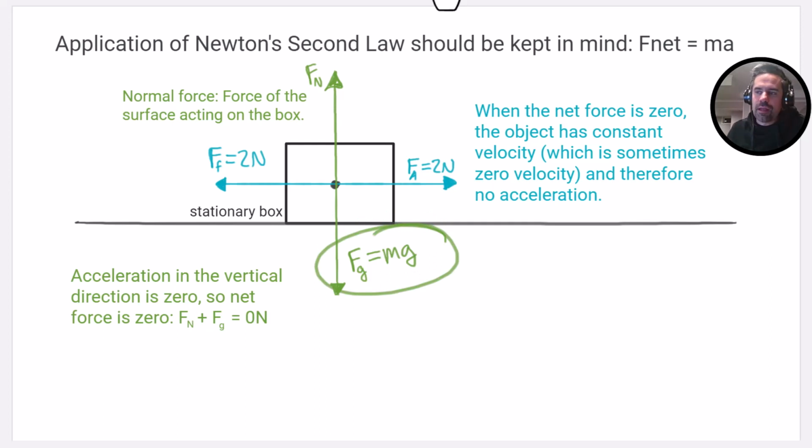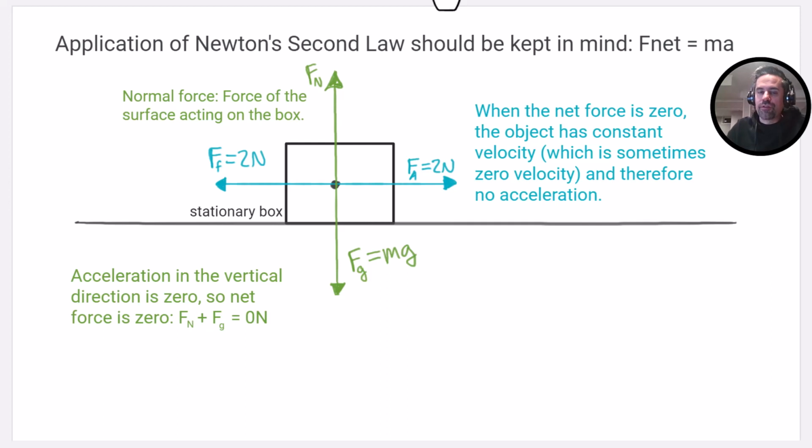Now, because of Newton's second law, we know that there must be another force that's pushing in the opposite direction with an equal magnitude, so that the forces in the y direction are zero. And that is something that's called the normal force.